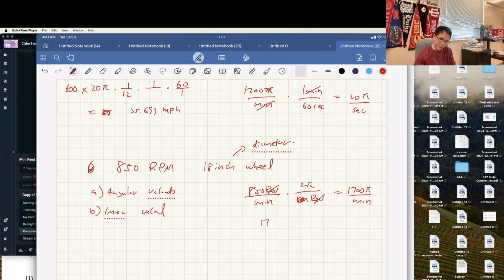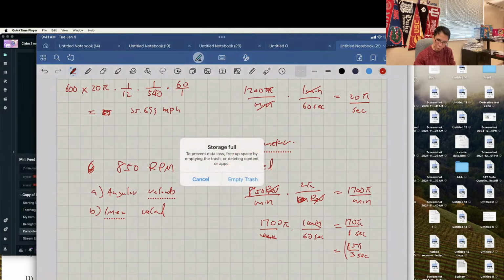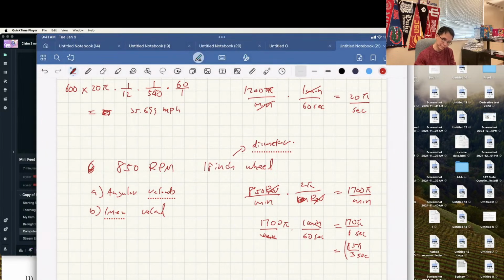You can figure out per second, so per minute, and you can say 1 minute every 60 seconds. So this is dimensional analysis. So it'd be 170 over 6 pi per second, or 85 pi over 3 per second. That will be the angular velocity.